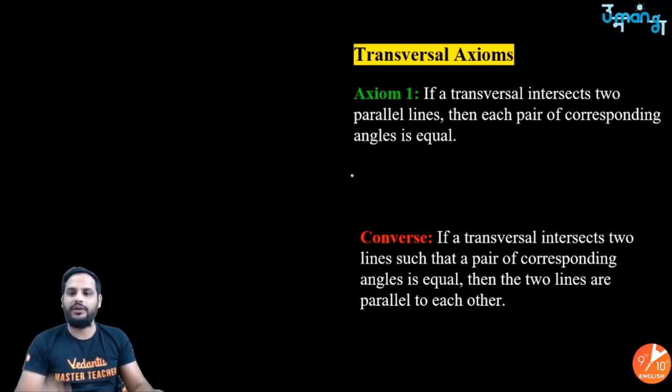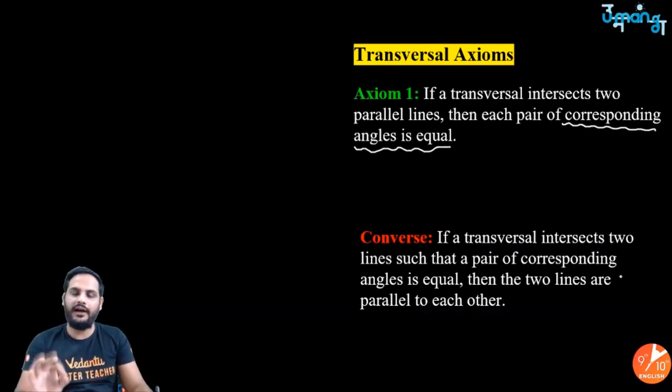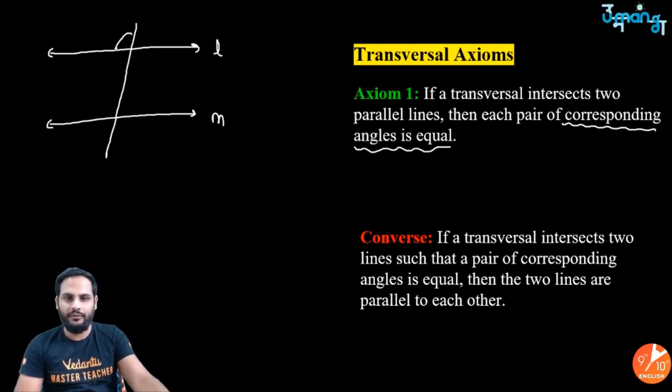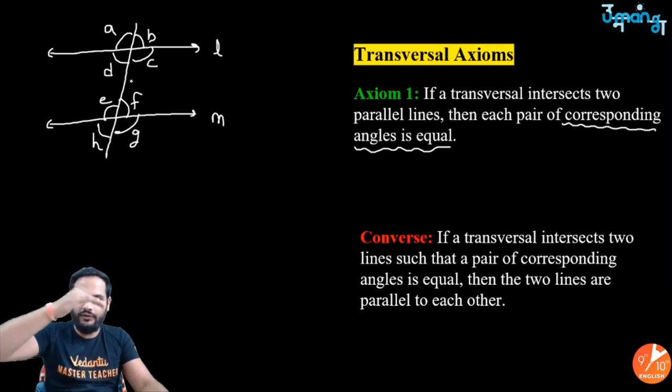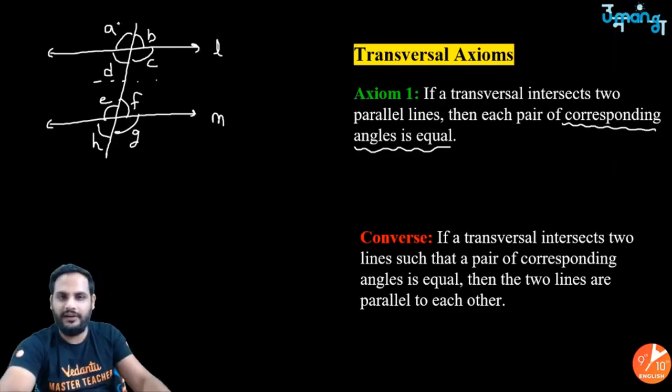So first thing we'll talk about is the corresponding angles. Remember, the corresponding angles are equal. Since it is an axiom, there is no proof for it. So if I have two lines, L parallel to M, and a transversal here, suppose A, B, C, D, E, F, G, H. Corresponding angles means if you cut it from the middle, the angles which are at the relatively same position.